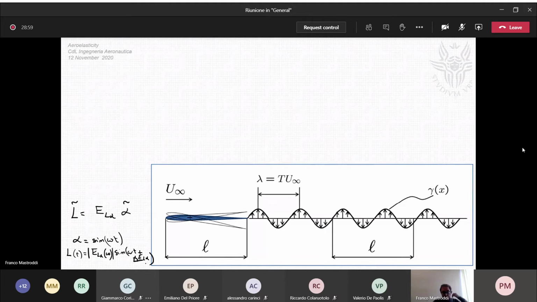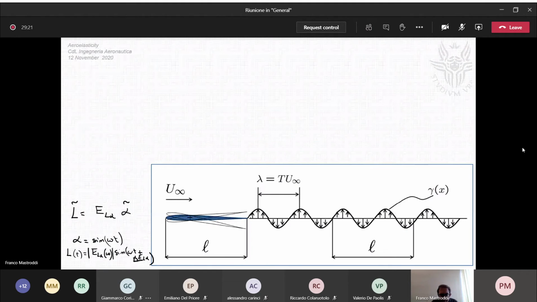Okay. What happens physically when I impose a pitching harmonic motion like that? I should have any kind of quantity oscillating with the same frequency. Okay. And in particular, I will have an oscillation of any kind of quantity.